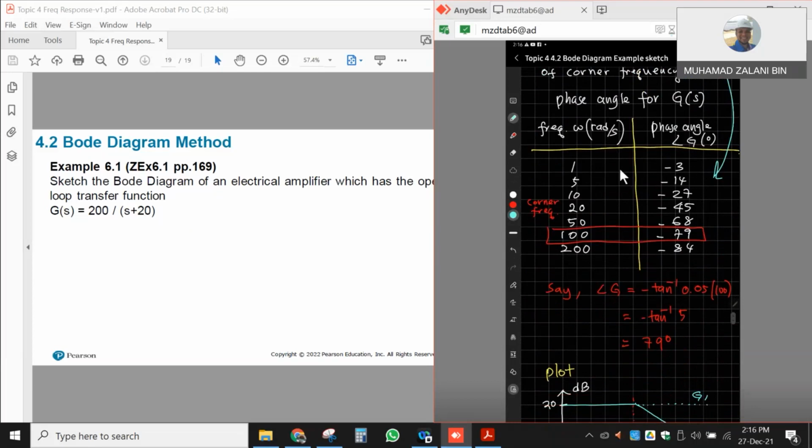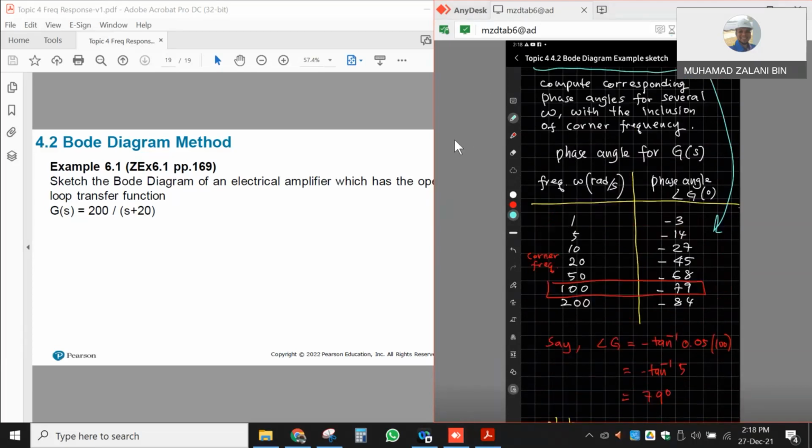The table is here. As omega increases from 1 to 200, the phase angle is changing. So we calculate it one by one. Substitute omega equals 1, we get a phase angle of -3 for G. Next, substitute omega equals 5, we get a phase angle of -14.